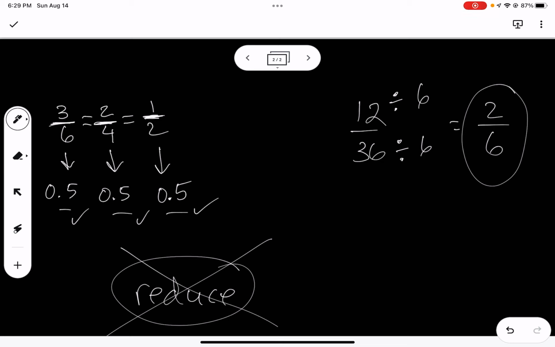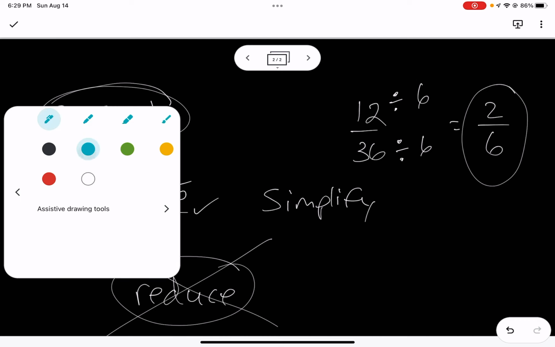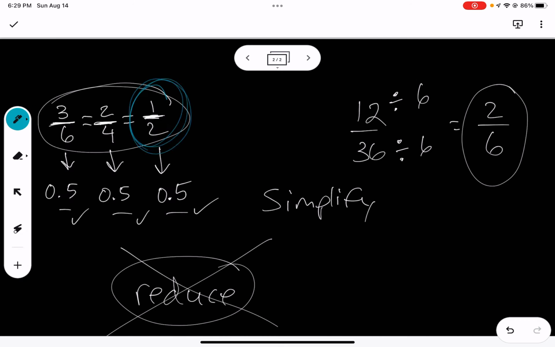What we're doing is finding equivalent fractions. And if they say to simplify the fraction, it's because they're looking for the one where the only thing that the numerator and denominator have in common is actually 1, right? Right here, 2 and 6 both still have 2 in common.